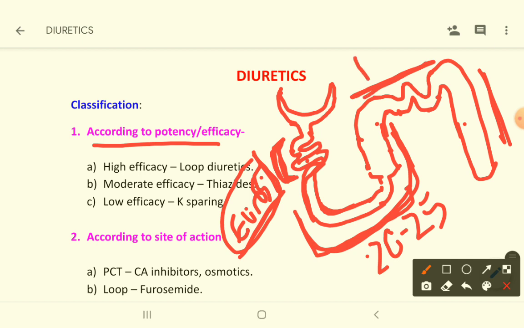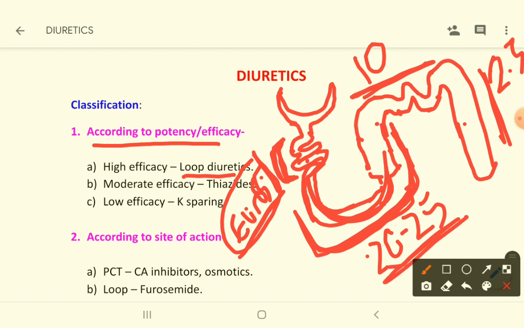Here around 10% reabsorption, and here in the collecting duct only 2 to 3% reabsorption. So loop diuretics, which actually work on this area in the loop of Henle, have an efficacy of 20 to 25%.